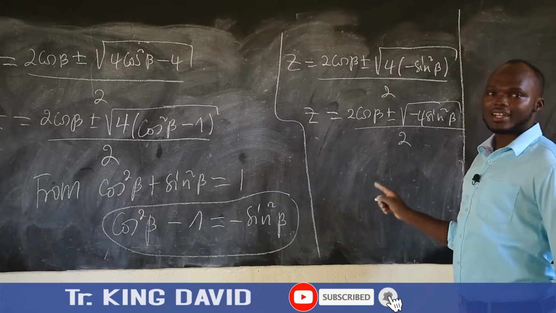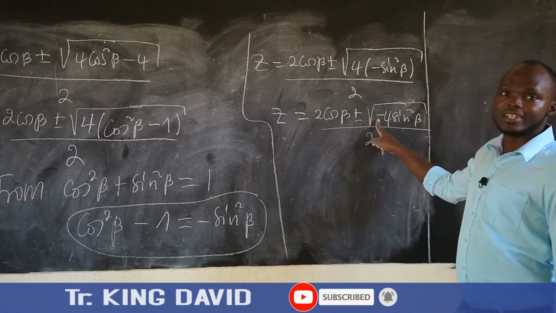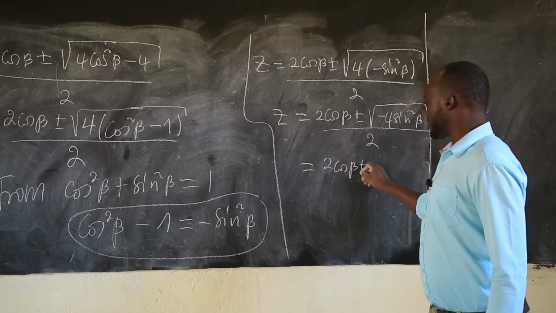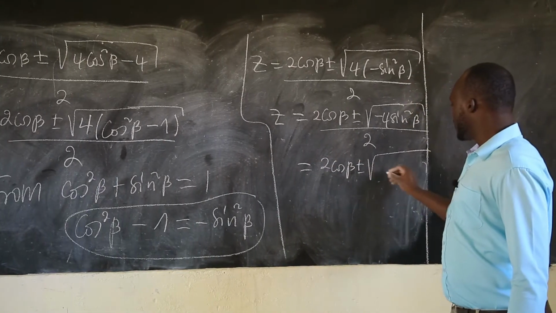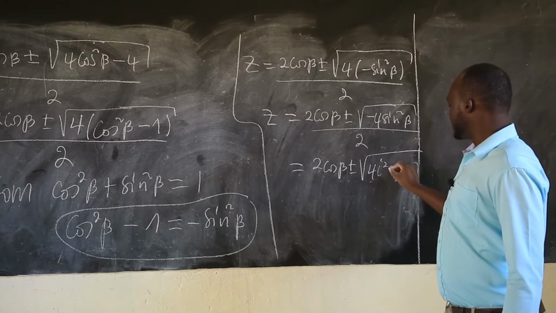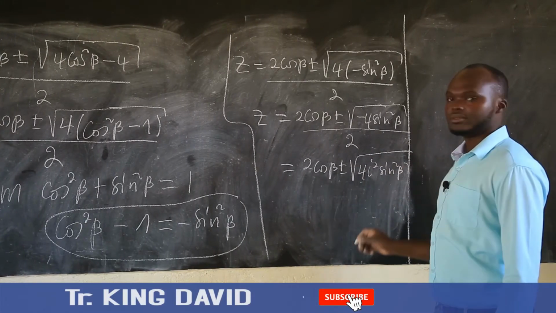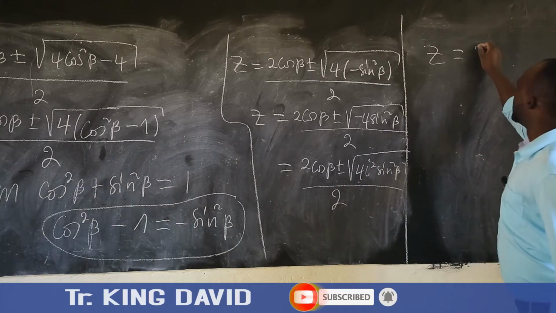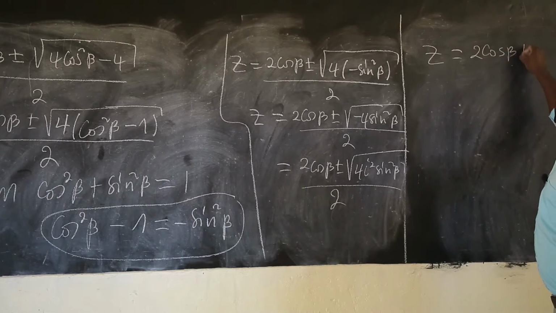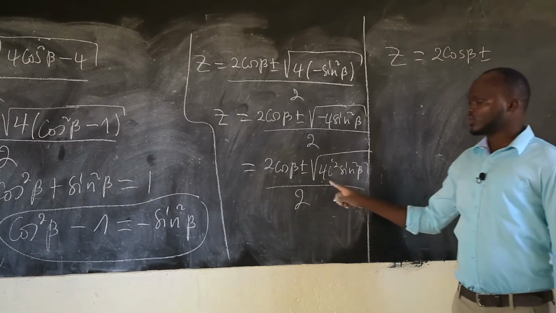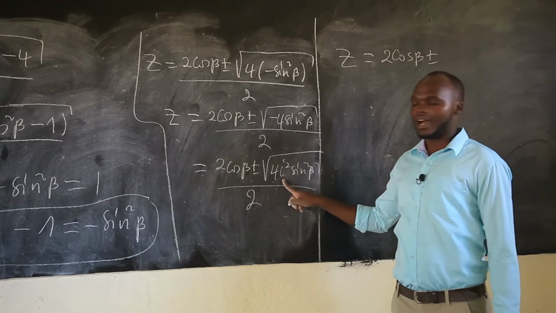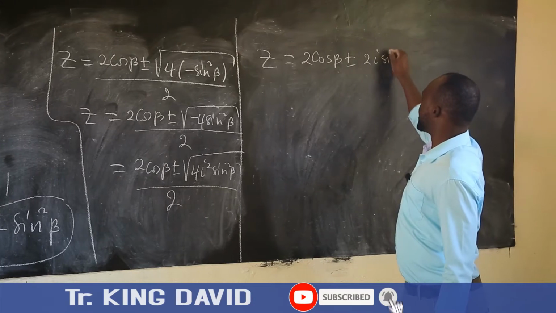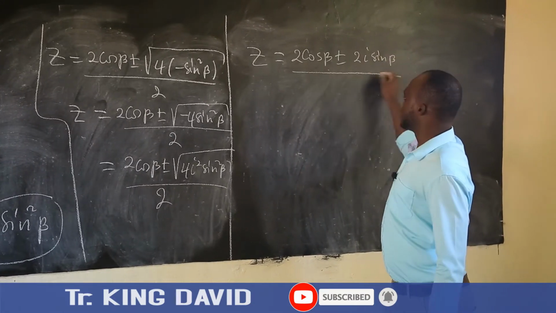Remember, we are in complex numbers; negative 1 is i squared. So this will be 2 cos beta plus or minus root of 4i squared sine squared beta, divided by 2. What is root 4? 2. What is root i squared? i. What is root sine squared? Sine. That is 2i sine beta divided by 2.